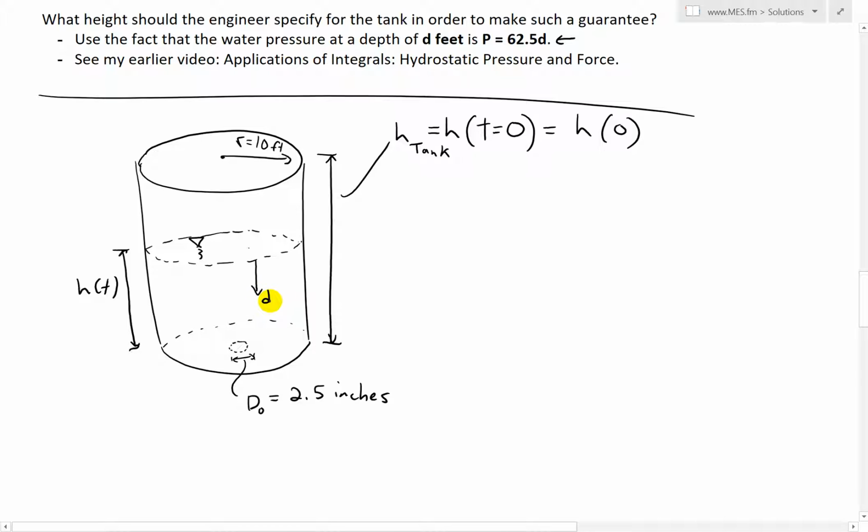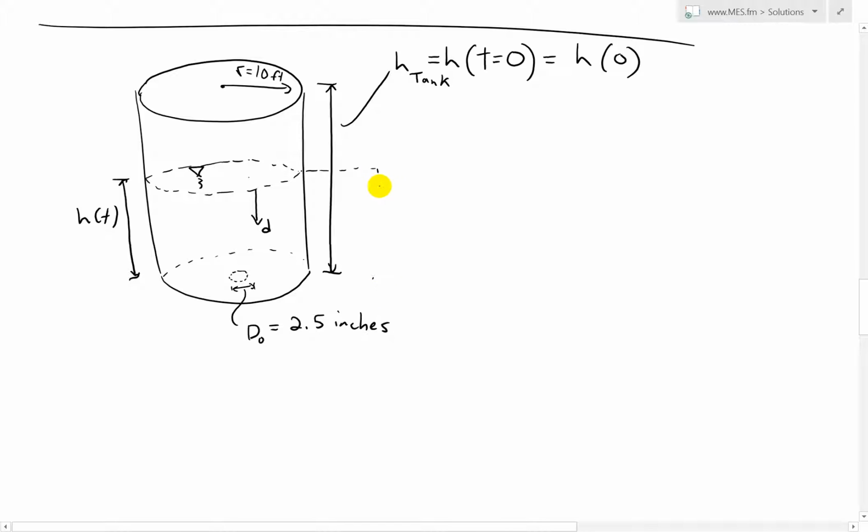And now if we were to graph the pressure out, we're given this formula 62.5 times d, and let's draw a line like this. This is our depth plot, and we're going to draw a pressure graph like that. So we have the axis here, pressure, and this is depth following along with this depth line.